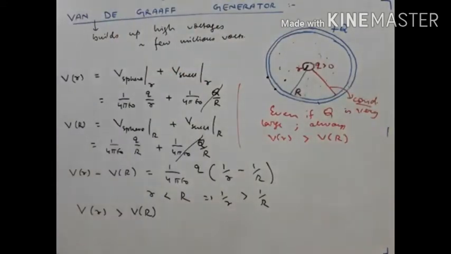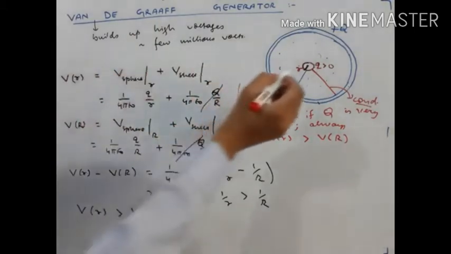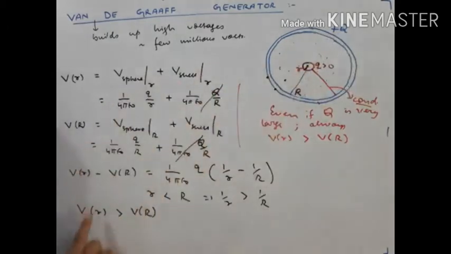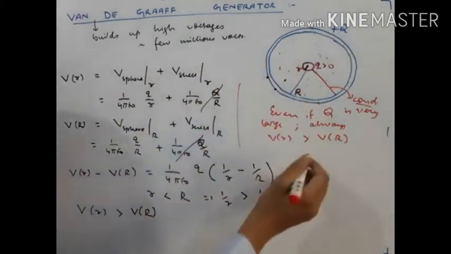Any conducting wire, if we use to connect the sphere at the center and the cell, now the inner one is at higher potential and this is at lower potential.